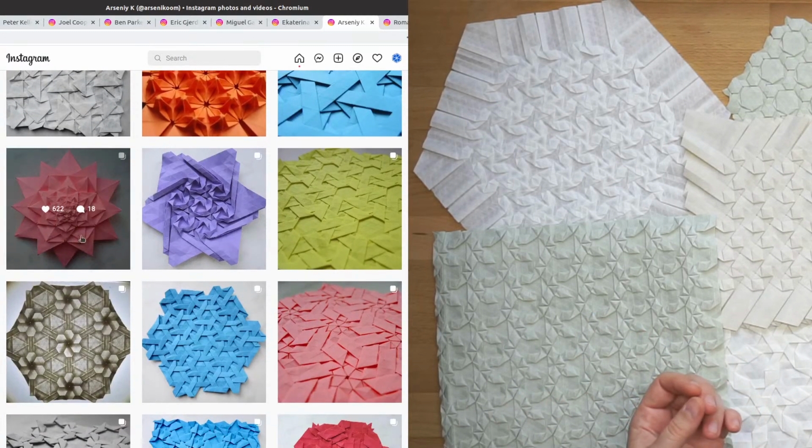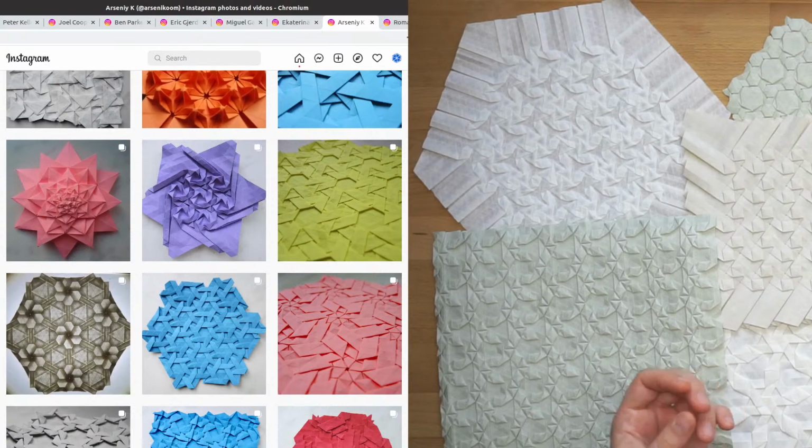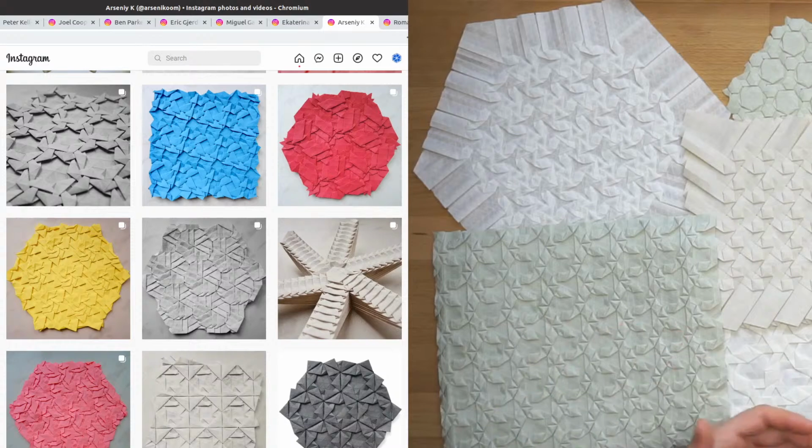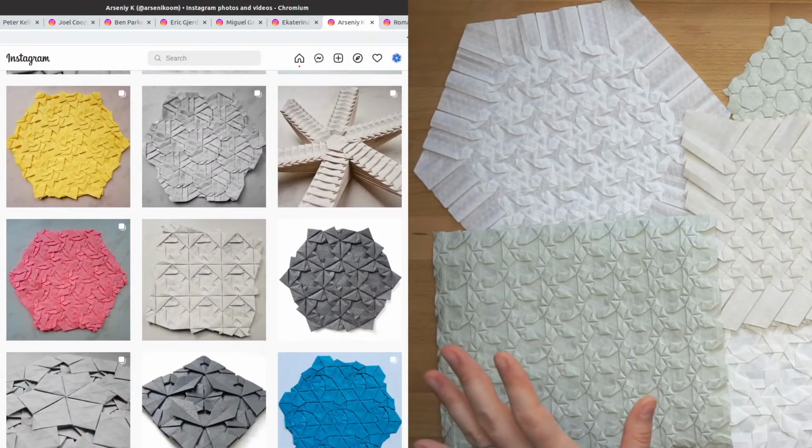He also does some fractals, you can see, and in general, he has just this huge variety of designs.